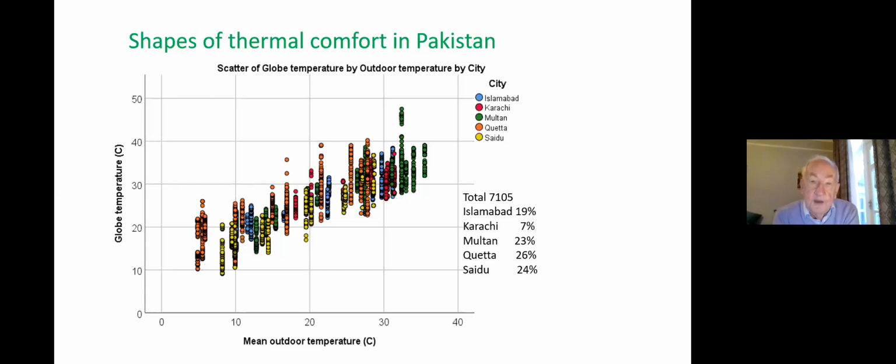And so it's almost like natural ventilation. So this is what would happen if you didn't have any heating or cooling. There's probably a bit of heating in this part of the Quetta data. But generally, there's no heating or cooling.